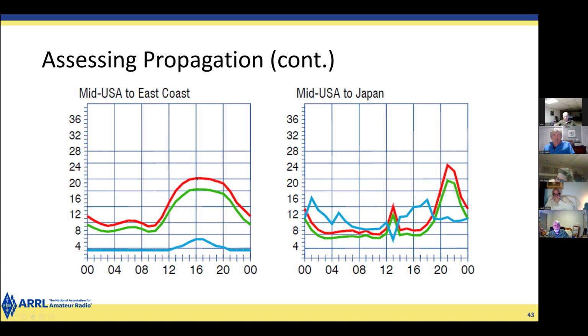And above this red line, you can expect to get through only 10% of the time.